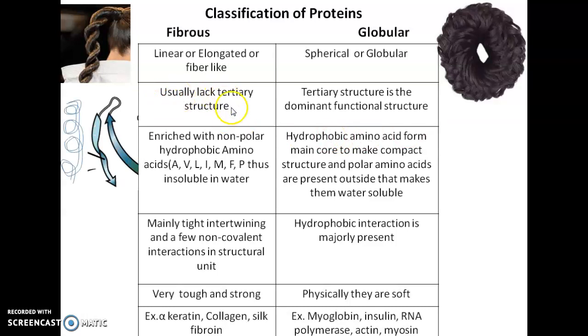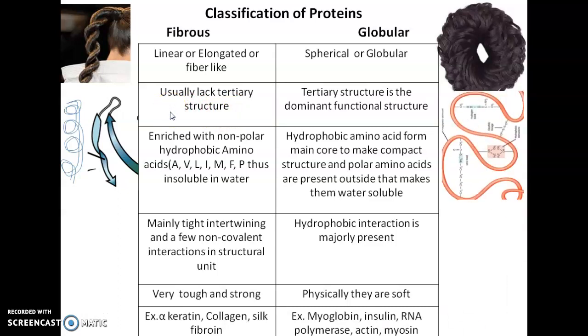Next, usually the fibrous protein lacks tertiary structure. It may create a little confusion, as the secondary structures present in the fibrous protein are arranged in such a way that they form this fibrous structure.